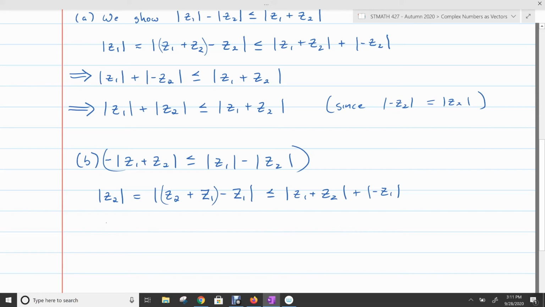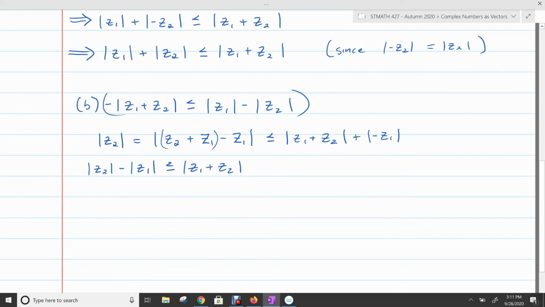So then you end up with, when you add the modulus of z1 to both sides and get rid of the negative, modulus z2 minus modulus z1 is less than or equal to modulus z1 plus z2. And then I'm going to factor a negative out on the left-hand side and write that inequality this way.